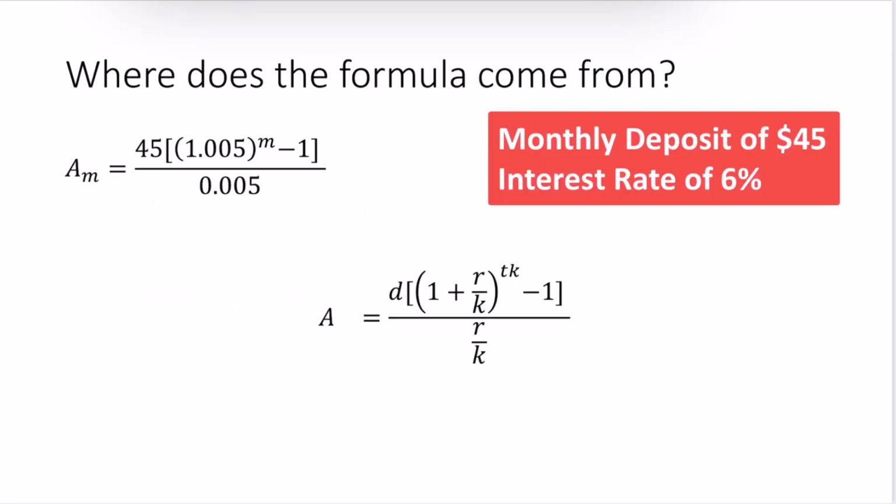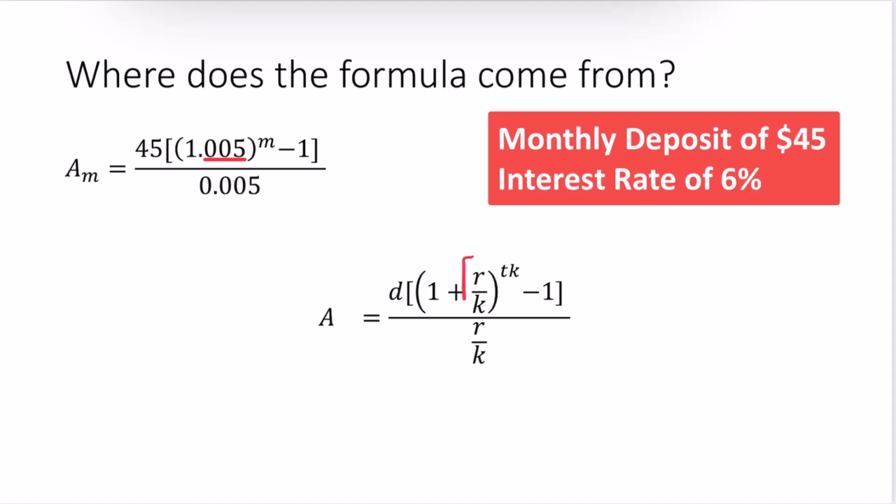So this equation describes a specific situation where we have a monthly deposit of $45 and an interest rate of 6%. But we could generalize this to get the general equation, because this 0.005 came from taking our interest rate and dividing it up into groups of 12.